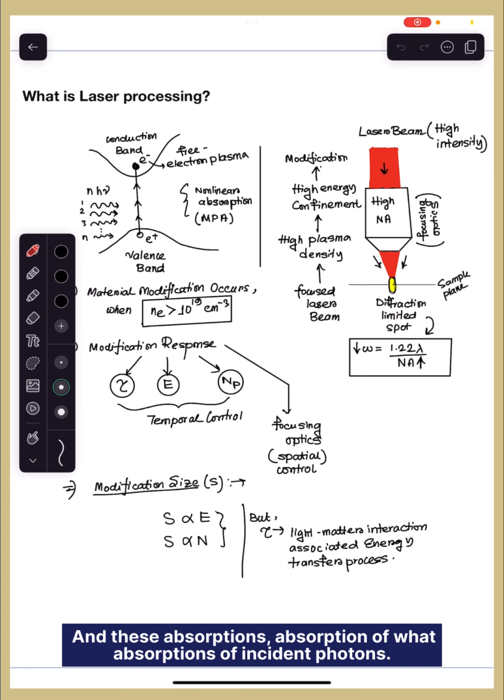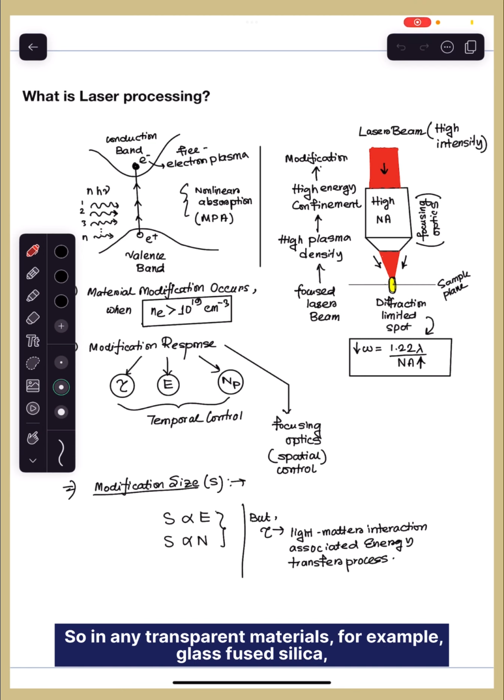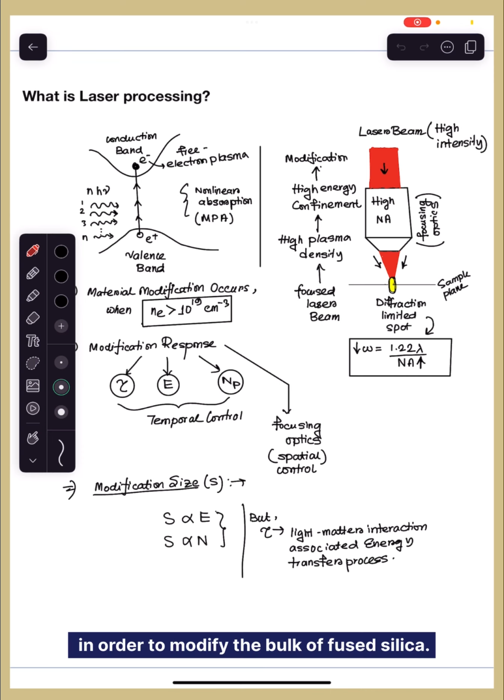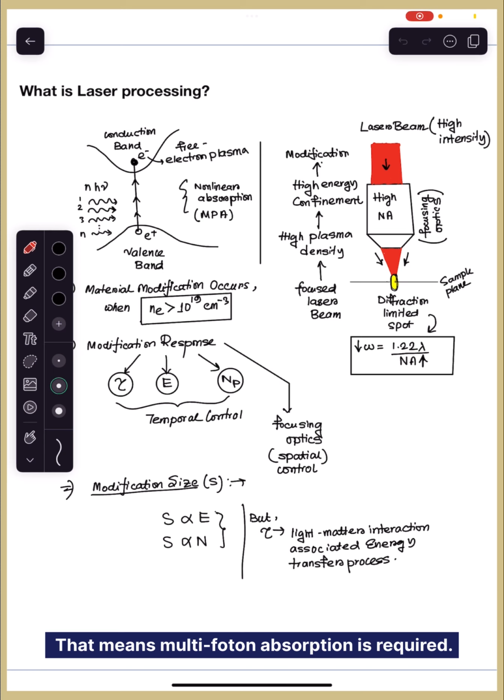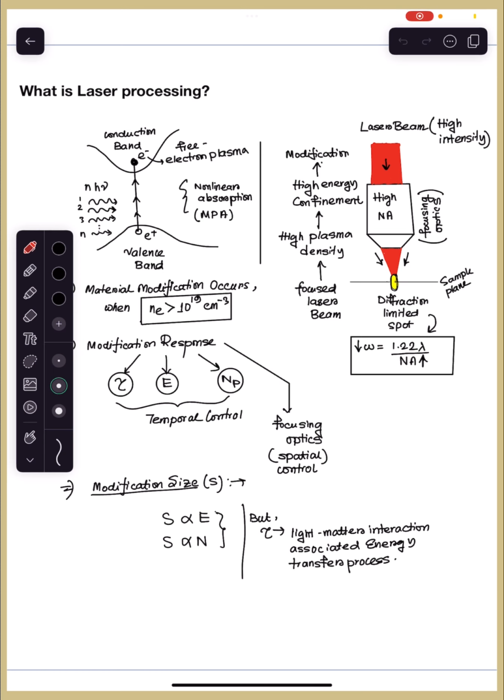Absorption of incident photons. So in any transparent material, for example glass or fused silica, in order to modify the bulk of fused silica, the material has to absorb incident photon energy non-linearly. That means multi-photon absorption is required.